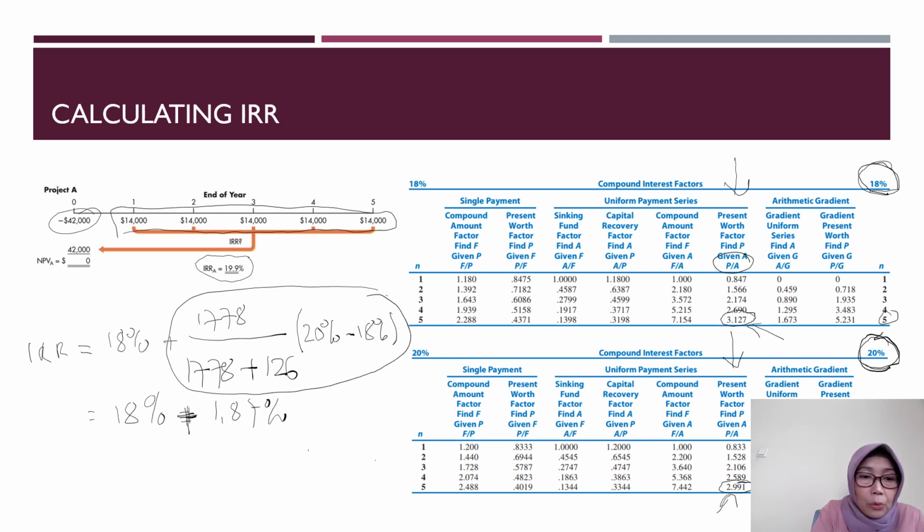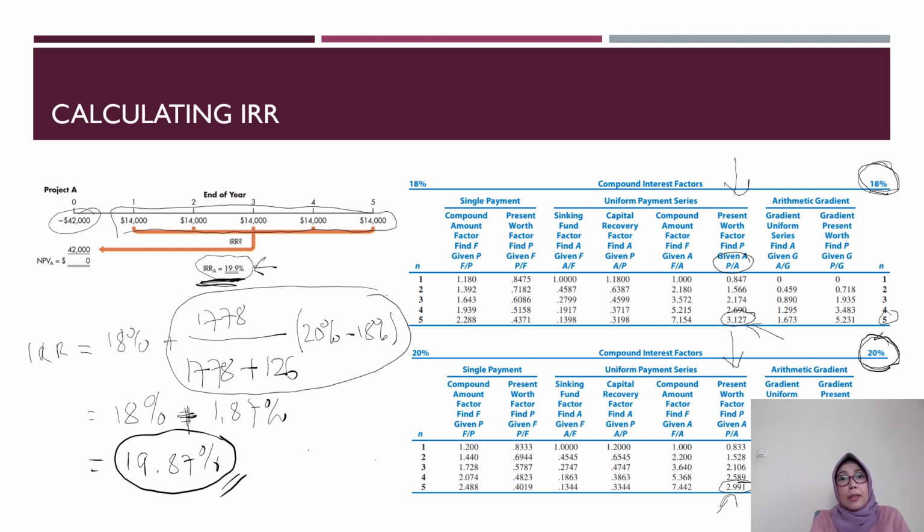So the IRR here is 19.87%. This is the internal rate of return based on our calculation here. If you compare with this, it is very close. If we round it up, we get 19.9%.